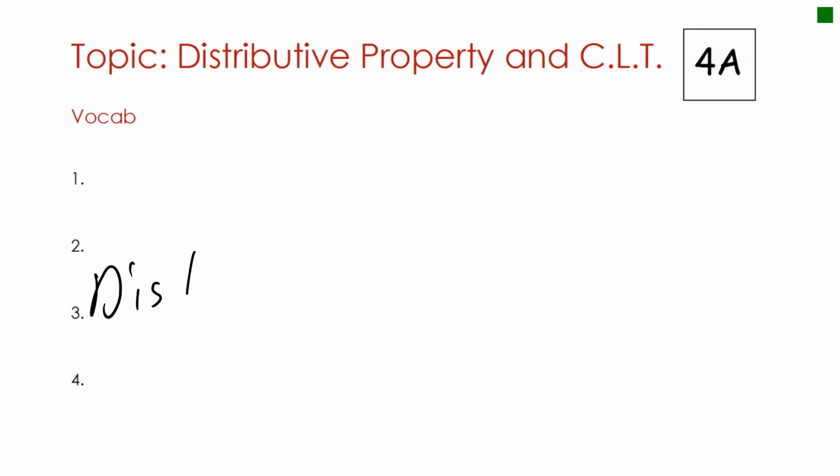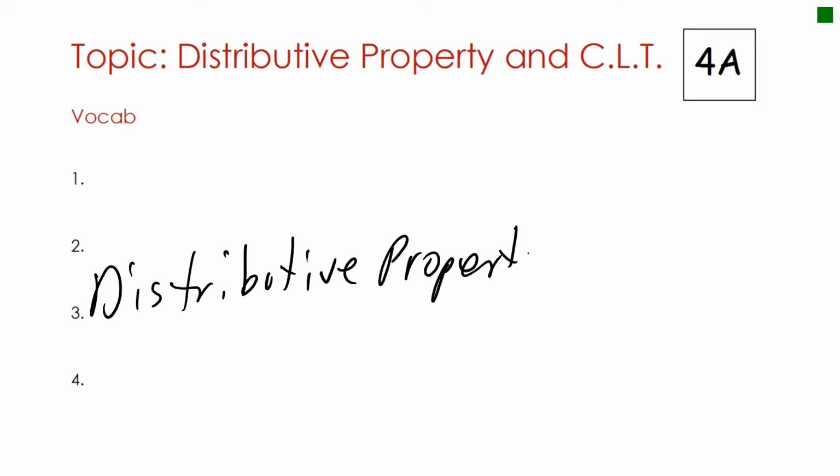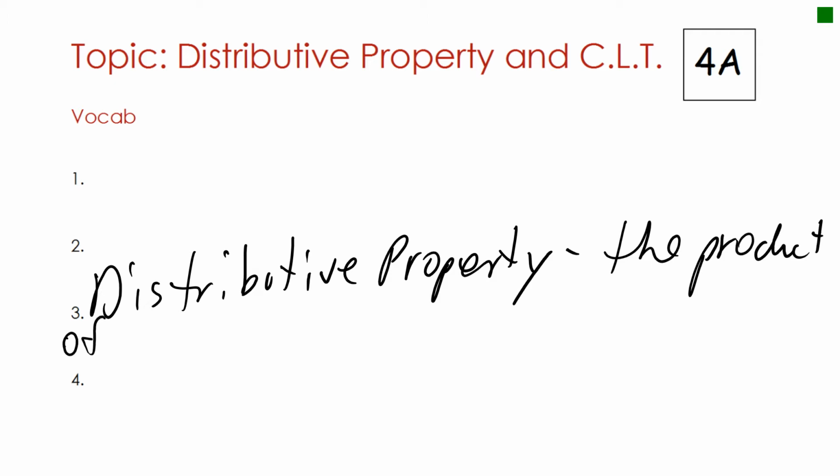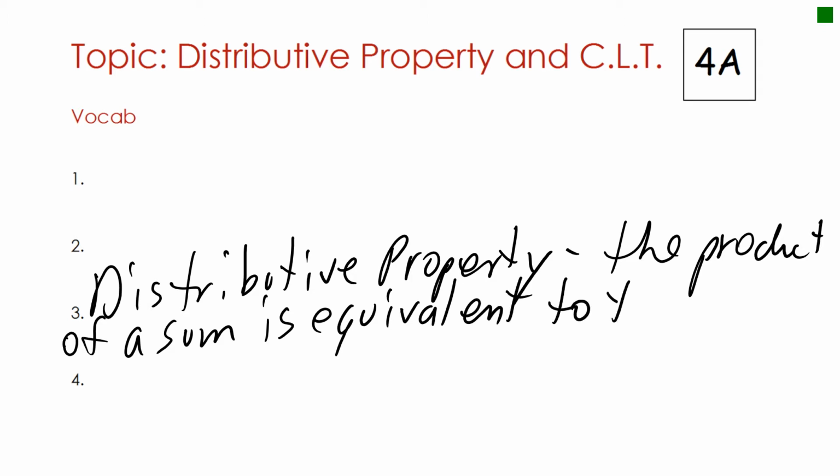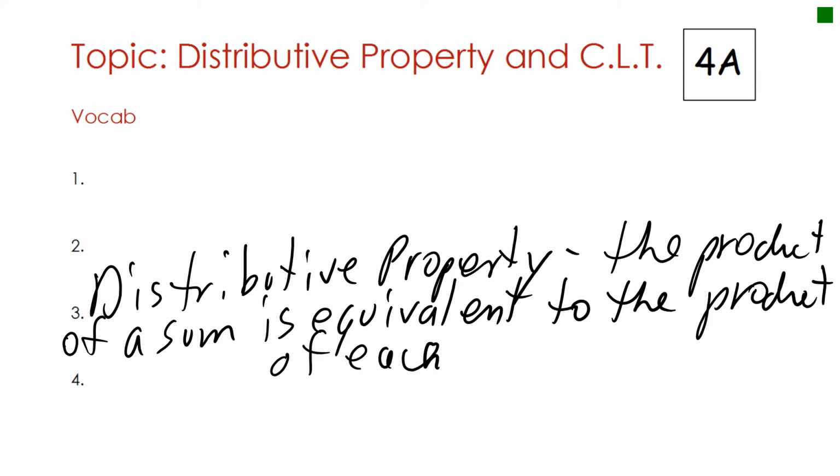The distributive property says that the product of a sum is equivalent to the product of each addend and the multiplier.